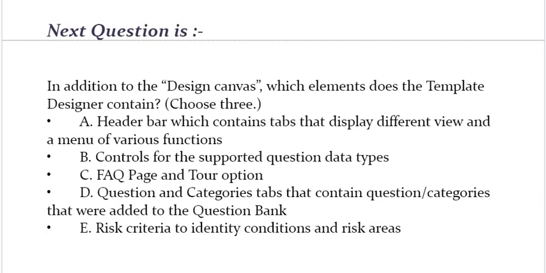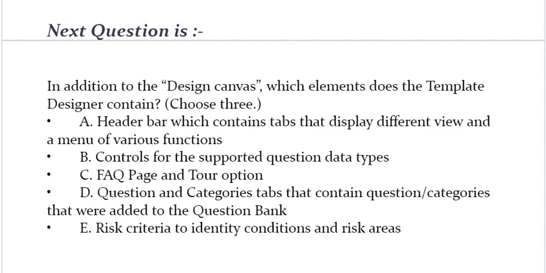Next question is, in addition to the design canvas, which elements does the template designer contain? Choose three options. Option A, header bar, which contains tabs that display different views and a menu of various functions. Option B, controls for the supported question data types.